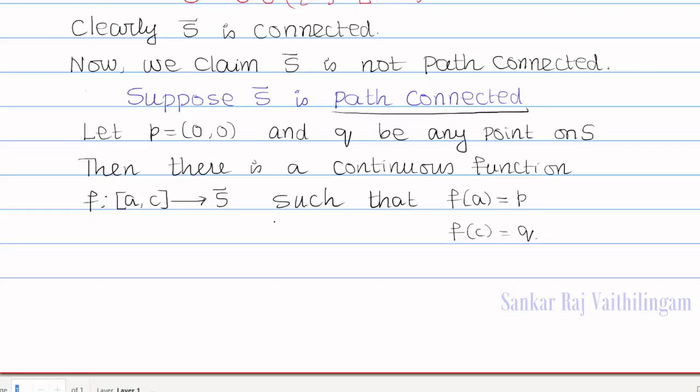Fine. Now we are going to end with a contradiction because we have strongly assumed that it is path connected. We'll take the next page.